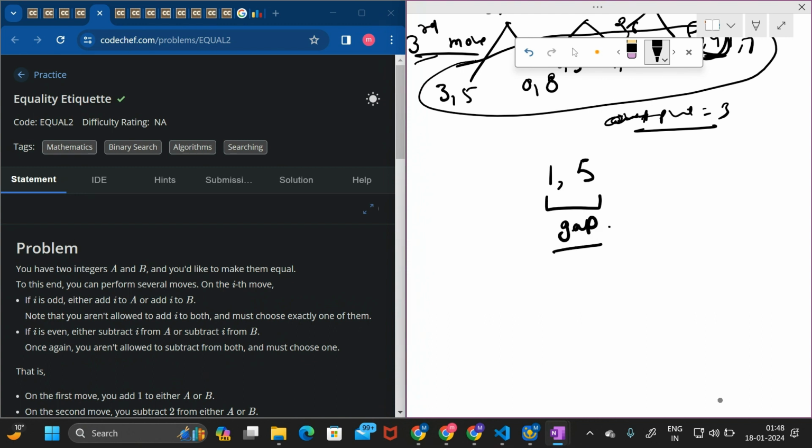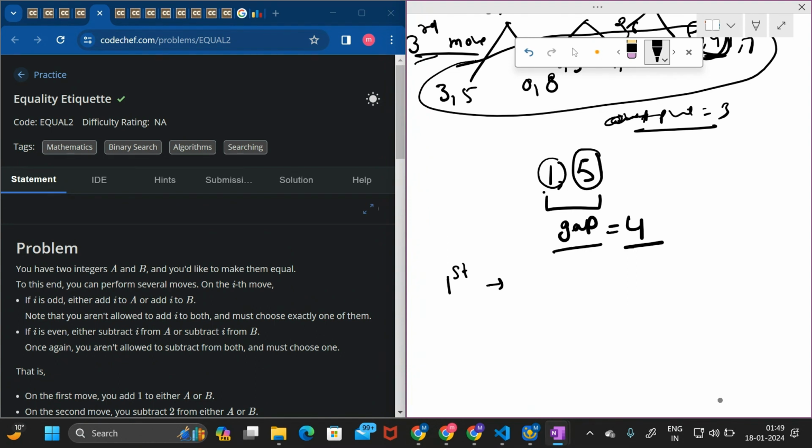The gap between these two numbers is 4. So what we are doing in the first move: we can add 1 to this number or add 1 to this number.